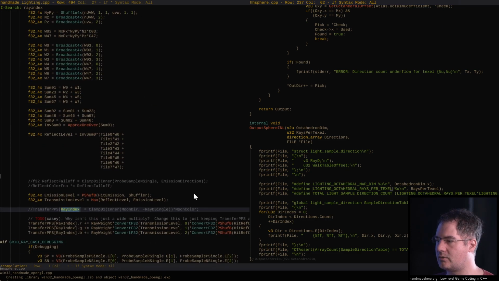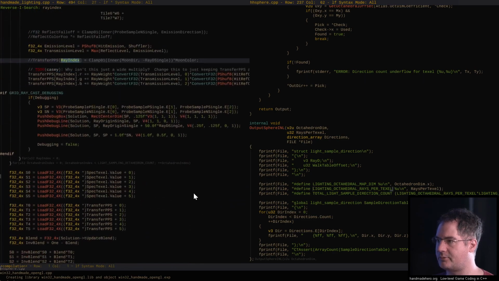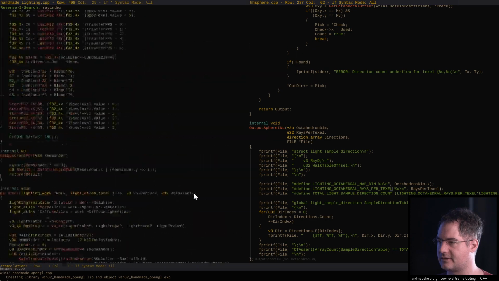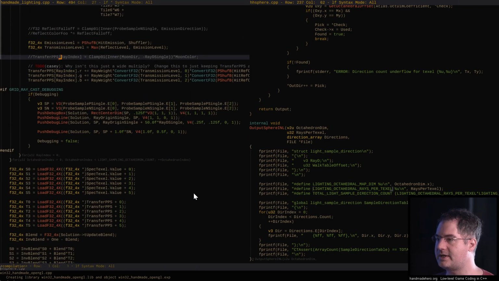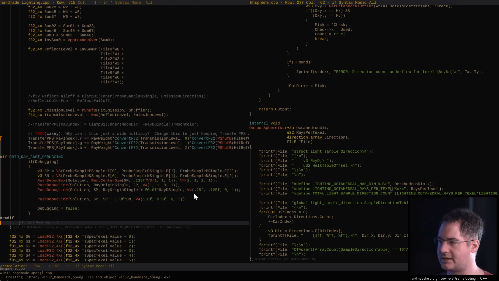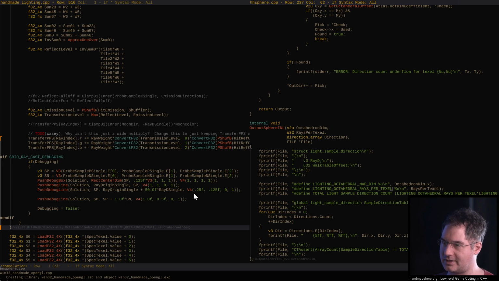So the transfer PPS pulling out of this ray index here is actually not correct, if that makes sense. We need to do a slight modification, which is to say that the transfer PPS value is really going to work a different way. We will have on the outside where we're looping over the actual texels one at a time.